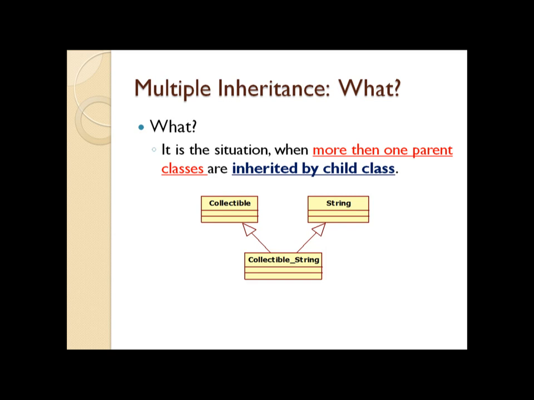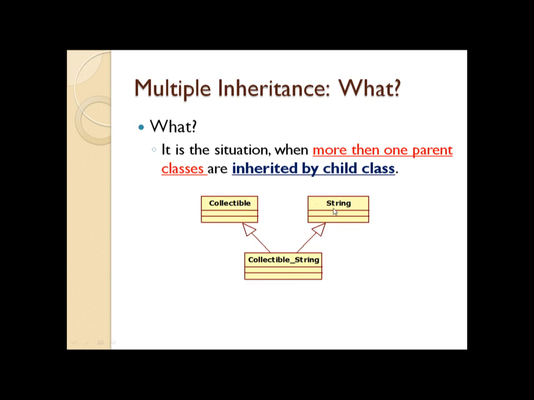multiple inheritance, and once I complete this slide, you will be in a position to define multiple inheritance. So here the first point for the definition of multiple inheritance is that it is the situation when more than one parent class is inherited by a child class. So here in this diagram, you can see there are two parent classes.